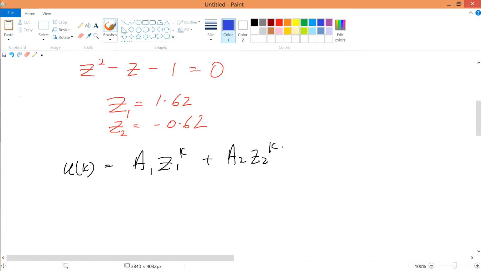But now you may still wonder that since z1 and z2, I add them up together, we should have the same answer. But what about a1 and a2? How do I get the a1 and a2 from? The a1 and a2 is simply generated from the values of z1 and z2.